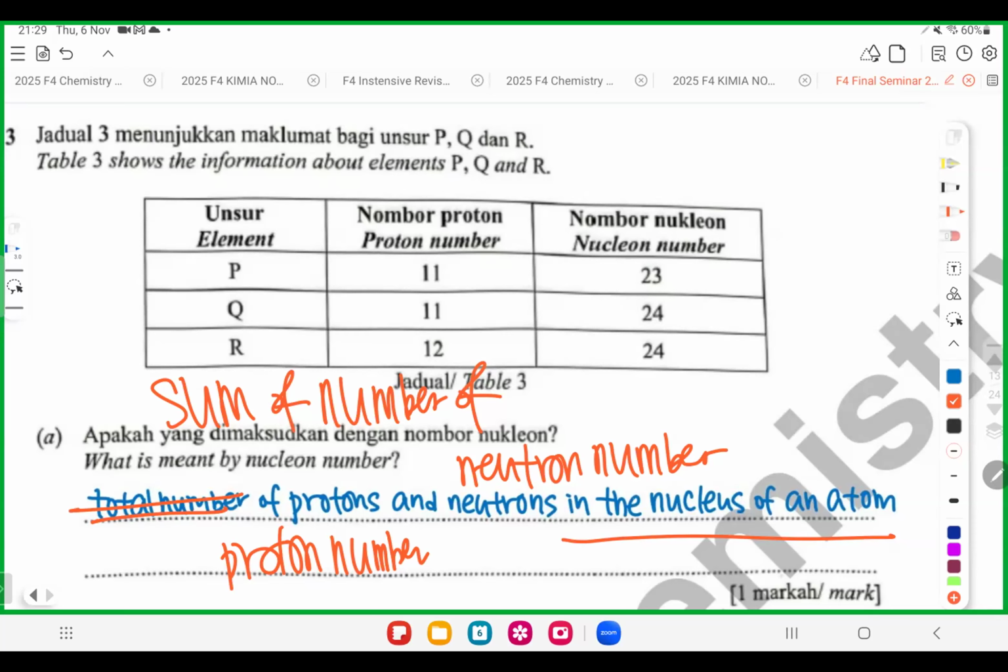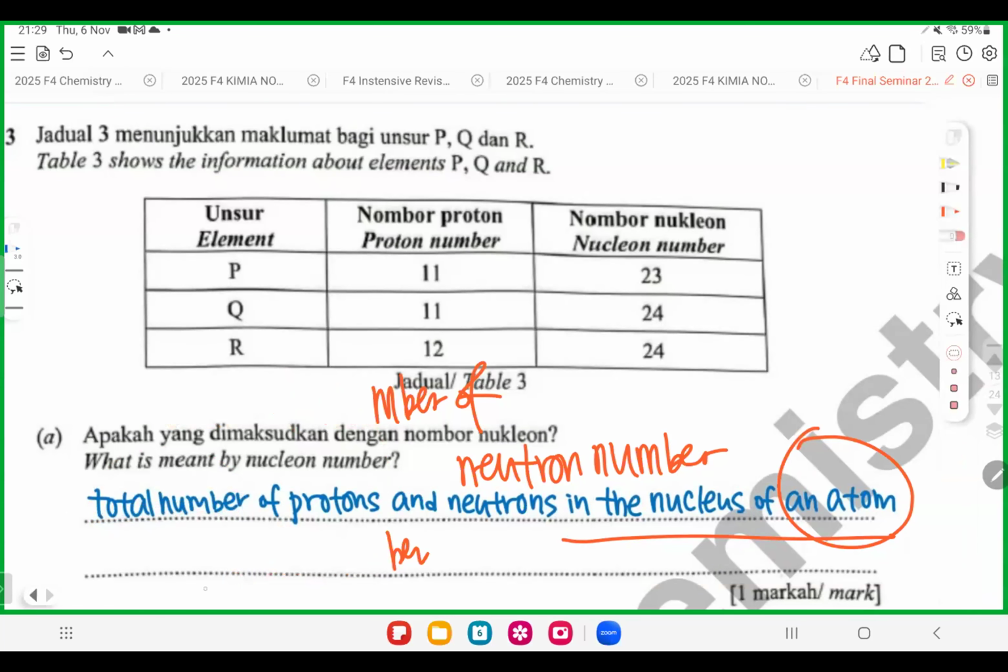So if you forget to write the word nucleus, you forget to write the word atom, no mark again. So I just want to keep telling you all that in chemistry, you have to be very, very careful. That's why if you keep on reading, memorizing, and memorizing, it doesn't work. It doesn't work for chemistry. Yeah. Chemistry, you have to start doing questions.